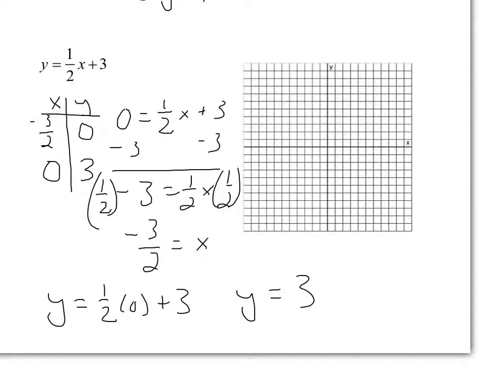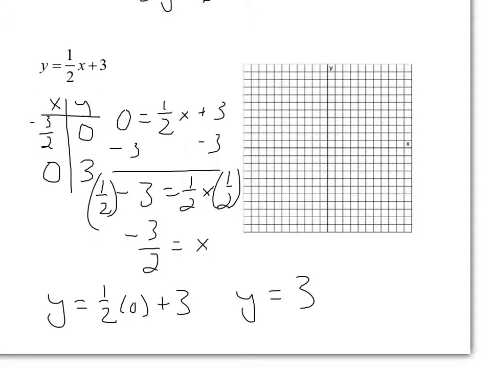So 0 for y, negative 3/2 for x. That's going to be in between the 1 and the 2. And then 0 for x and 3 for y. It's right there. So connect those guys. And there you have it.